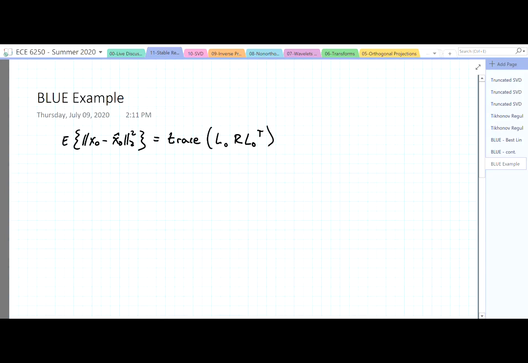So that gives us what our error is. Let's evaluate that. We'll call it the BLUE error.